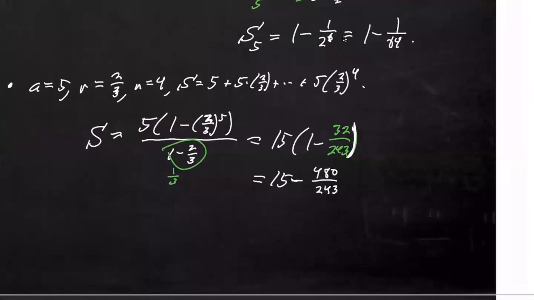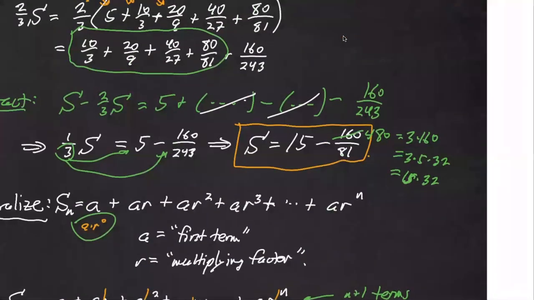Okay, I'm just giving you reasons why not to use the formula. I actually did do this correctly back up here because I multiplied the 3 times this, and I canceled with the 243 and had an 81. So in fact, it was good the first time. Shouldn't have second guessed myself. 15 minus 160 over 81 was correct.